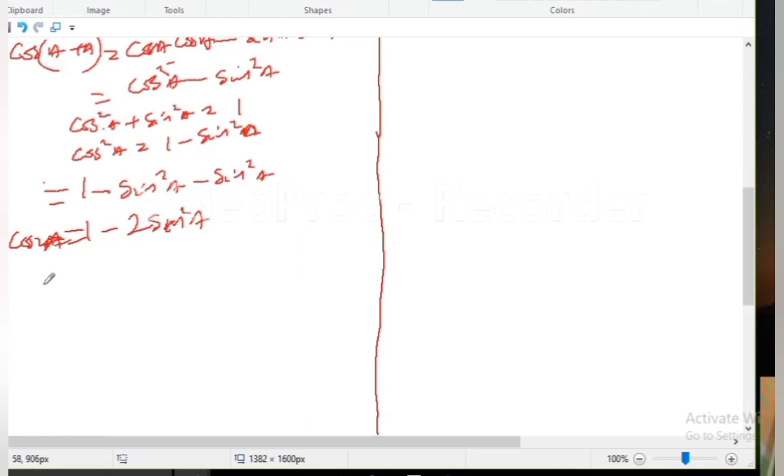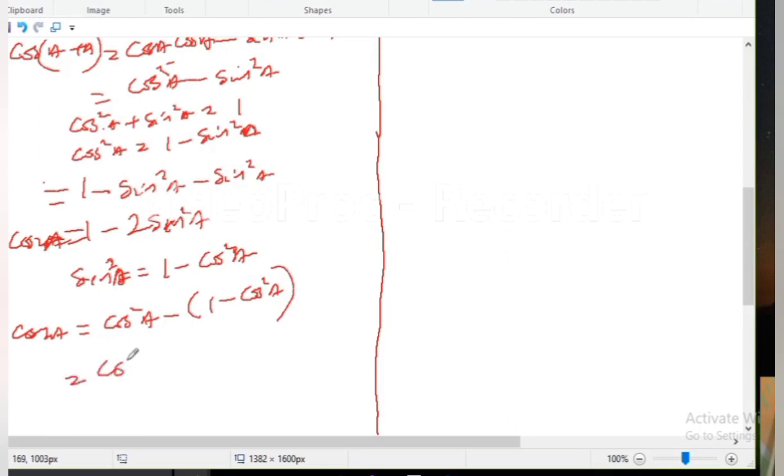Or if we express this in terms of cos, so you have sine square A equal to 1 minus cos square A. So what are you going to have? cos 2A will give you cos square A minus (1 minus cos square A).